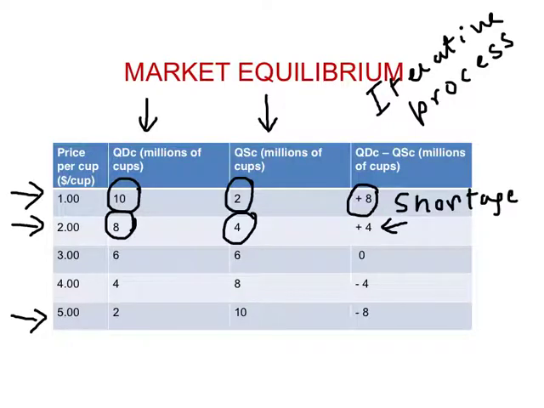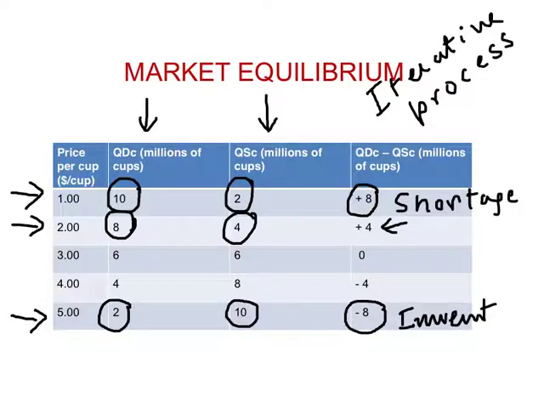At $5, Starbucks supplies 10 million cups of coffee to different retail outlets, but at this price the demand is only 2, and so the difference between demand and supply is negative, indicating that supply is greater than demand. And when you cannot sell all that you have, we have a situation of inventory buildup.